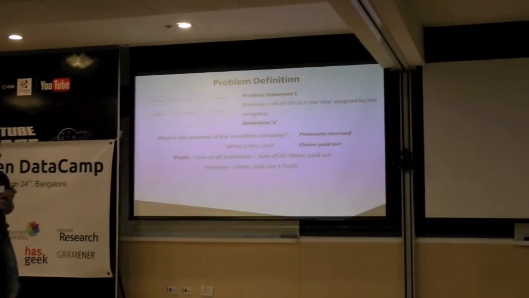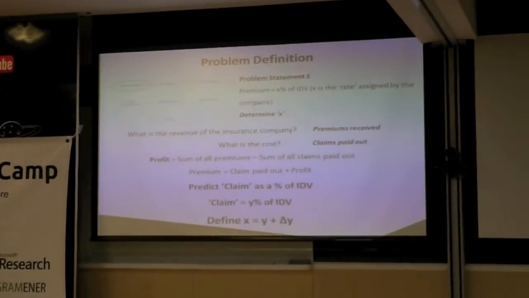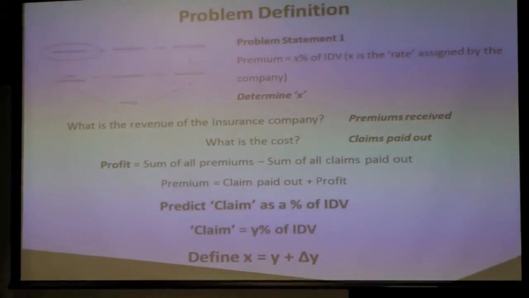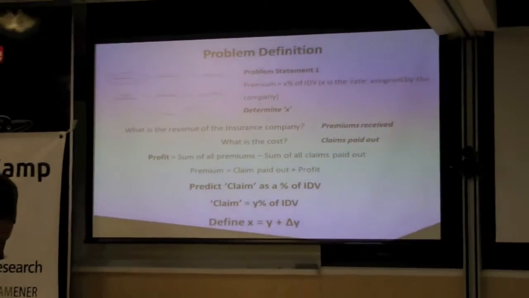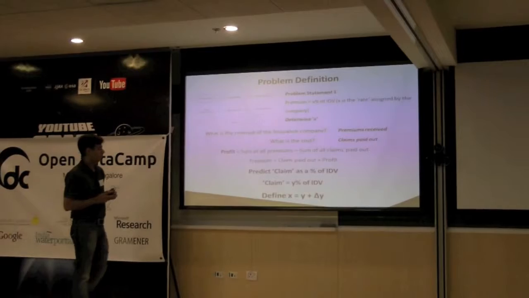So essentially, what is it that the company is trying to do? They are trying to predict. In terms of the analytical approach, we are predicting the claim as a percentage of IDV. So if a car is insured for 100, what percentage of that is the expected claim, what you expect to pay out?